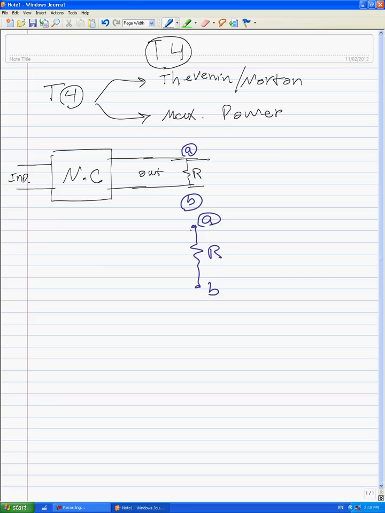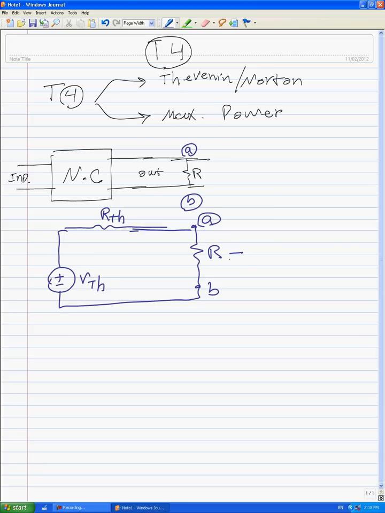We can simplify any circuit to a simple circuit which contains two important elements, VTH and RTH. This circuit is called the Thevenin circuit.